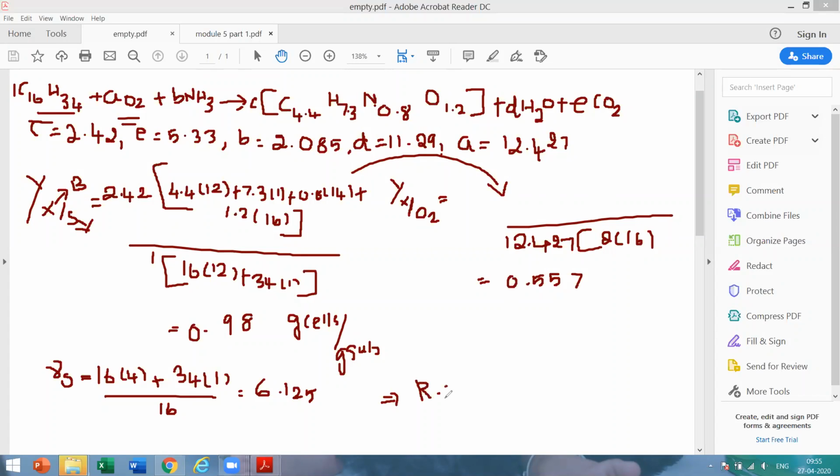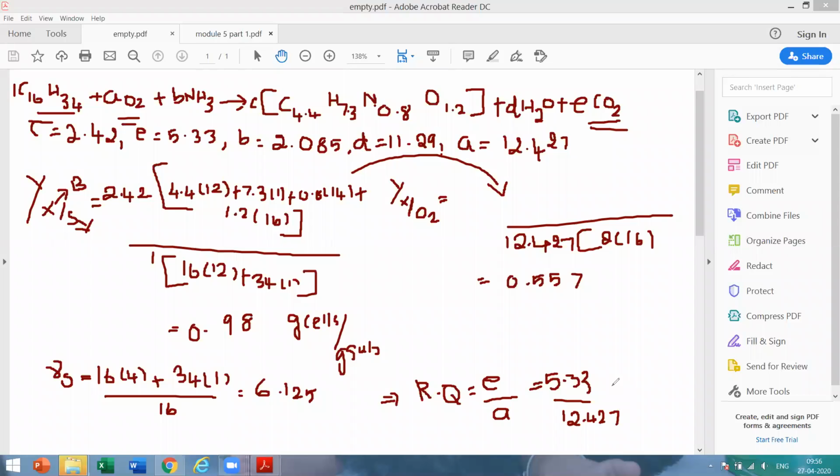And the next they have asked the respiratory quotient, that is RQ. So what is RQ? It is the moles of CO2 produced divided by the moles of oxygen consumed. Here the moles of CO2 produced is E and the moles of oxygen consumed is A. So that is E by A. E is 5.33 divided by A, which is 12.427.